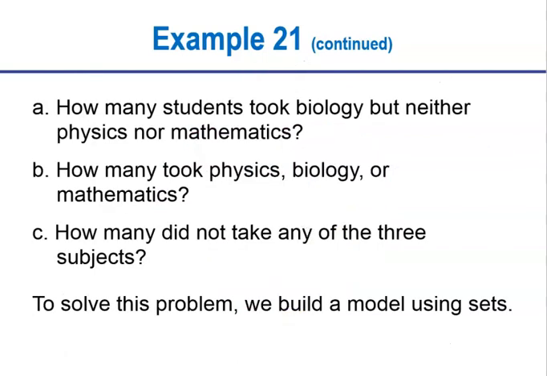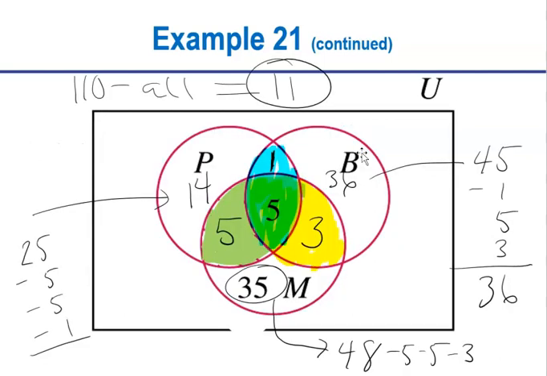So the answer to that question is 36. How many took physics, biology, or mathematics? Now what is that asking? They took physics, biology, or mathematics. That's any of those. As a matter of fact, if we add all those together, that's the all number that I have here. So that's going to be, is that 99?